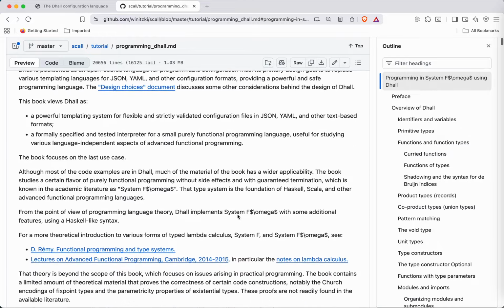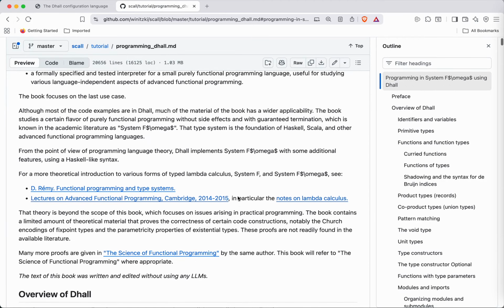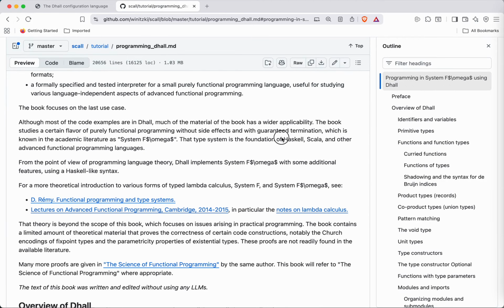So System F Omega is at the foundation of programming languages such as Haskell, Scala, PureScript, as well as Idris, Agda, Lean, and other proof-assistant languages. Certainly these languages have more features than System F Omega.